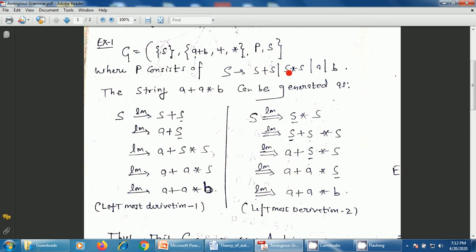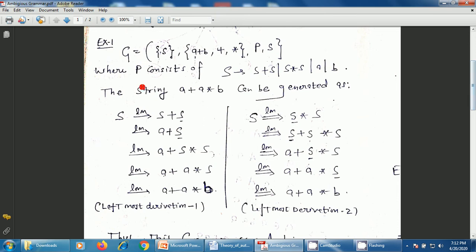S tends to S into S. In place of the first S we can write S plus S, because S derives S plus S. In place of the first S put a, in place of the second S put a, and in place of the third S we can put small b, because S tends to b. This means this string is generated by this grammar.